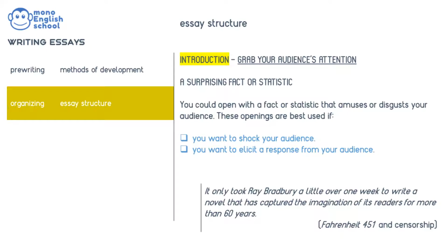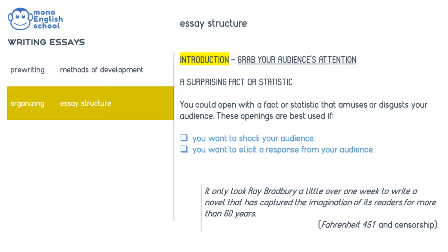It only took Ray Bradbury a little over 1 week to write a novel that has captured the imagination of its readers for more than 60 years. The surprising element is that such a successful book could be written in such a short period of time.